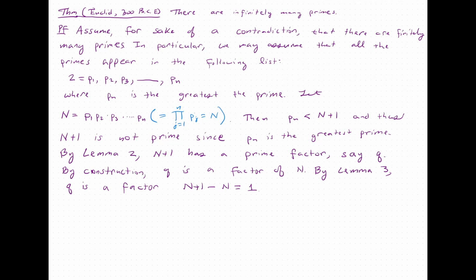But this is a contradiction, because now we have that q is a prime, and that tells us that q is at least 2, but the only factors of 1 are 1 and negative 1. And so q is a factor of 1, which implies that q is equal to 1, which is a contradiction.